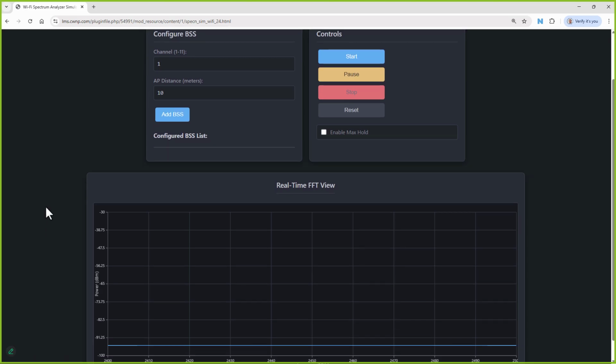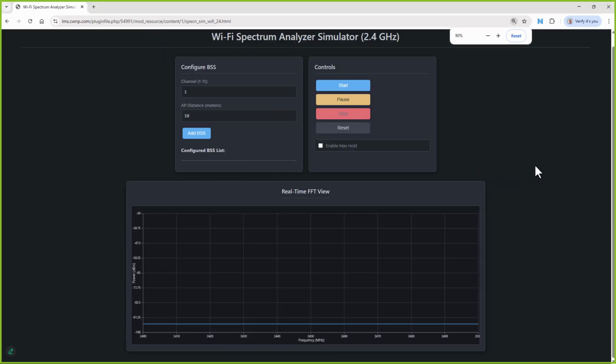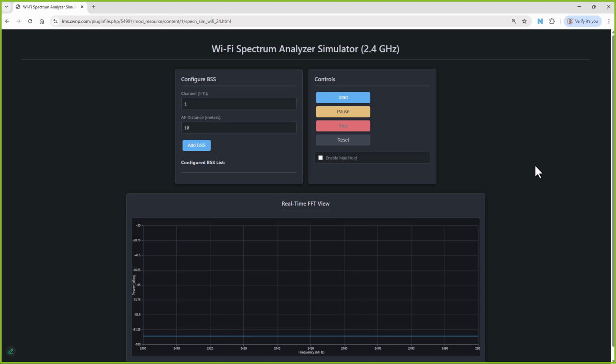One of the common misconceptions that people have when it comes to wireless signals is that you've got a 20 megahertz wide channel, right? Let's just keep it at that for simplicity. And so as long as the center channels are 10 megahertz apart, then we should have no interference, right?